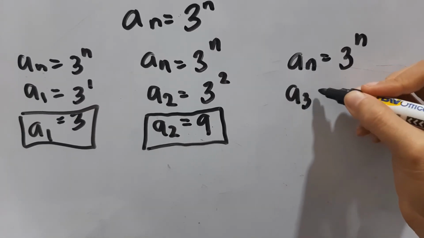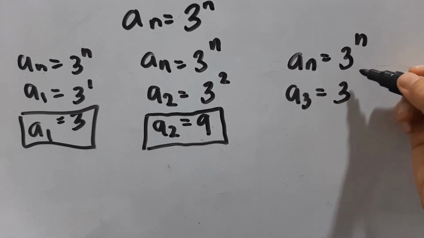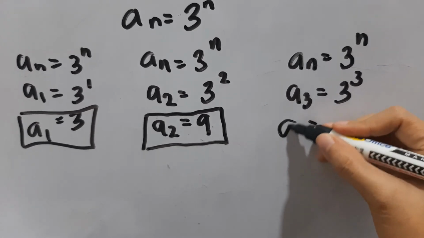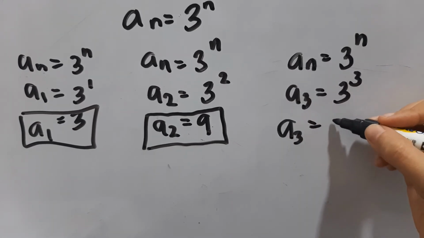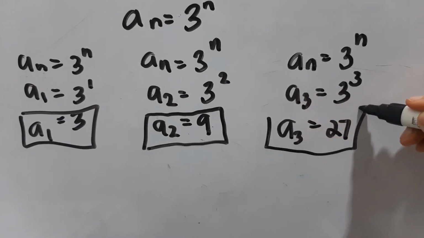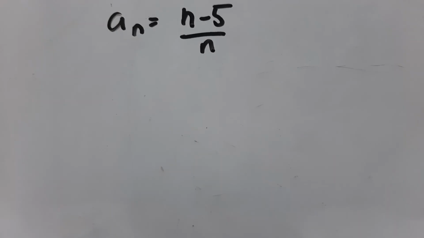A sub 3 is equal to 3. Just copy this. Substitute it to n. 3 raised to 3 is 3 times 3 times 3. And that is 27. So we have the first three terms of the sequence. 3, 9, and 27.